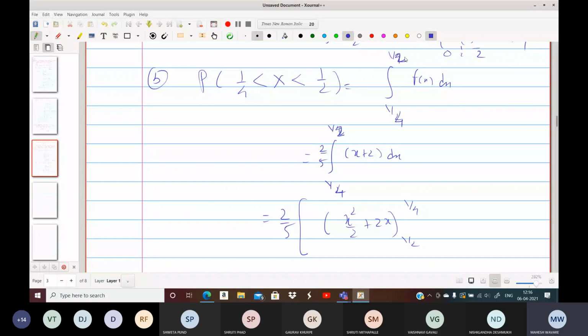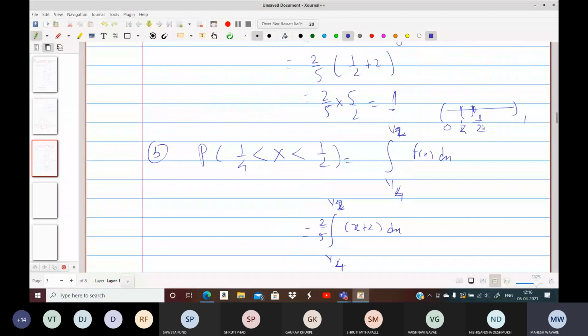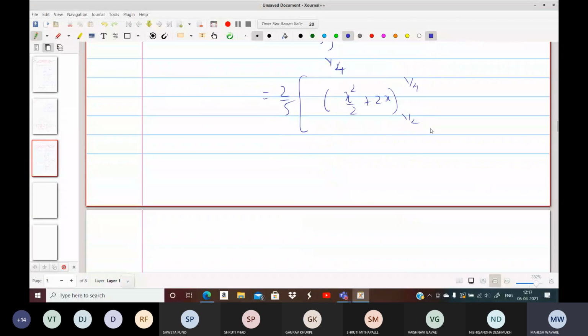You should go for 1 by 4 to 1 by 2. This calculation is homework for you. Put the limits, and the answer you should write is 9 by 40. You can check it from the book.